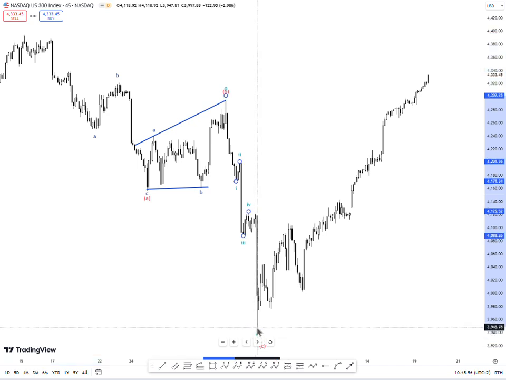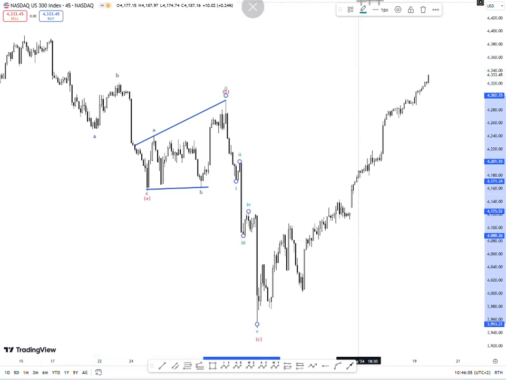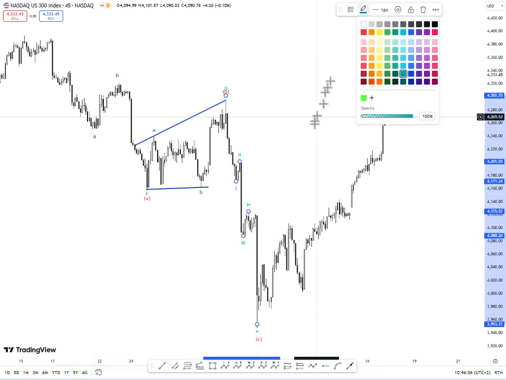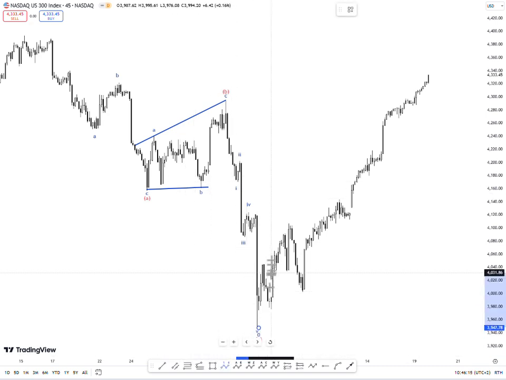Just to make sure that everything's neat and it's fine and all. That's what I would like. Okay, and then again, you can see that price is moving in a fashion of 1, 2, 3, 4, 5.